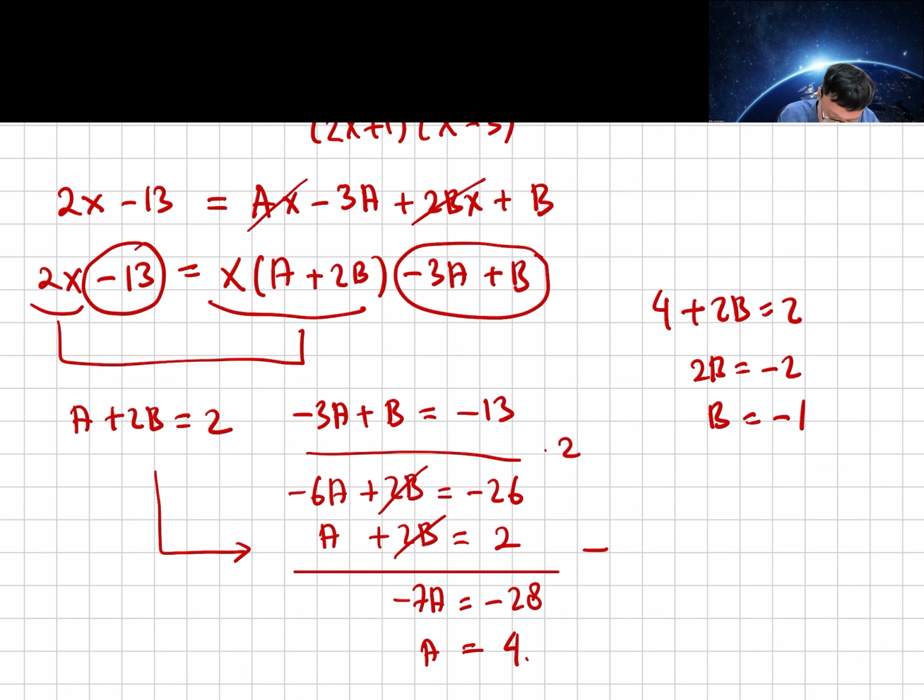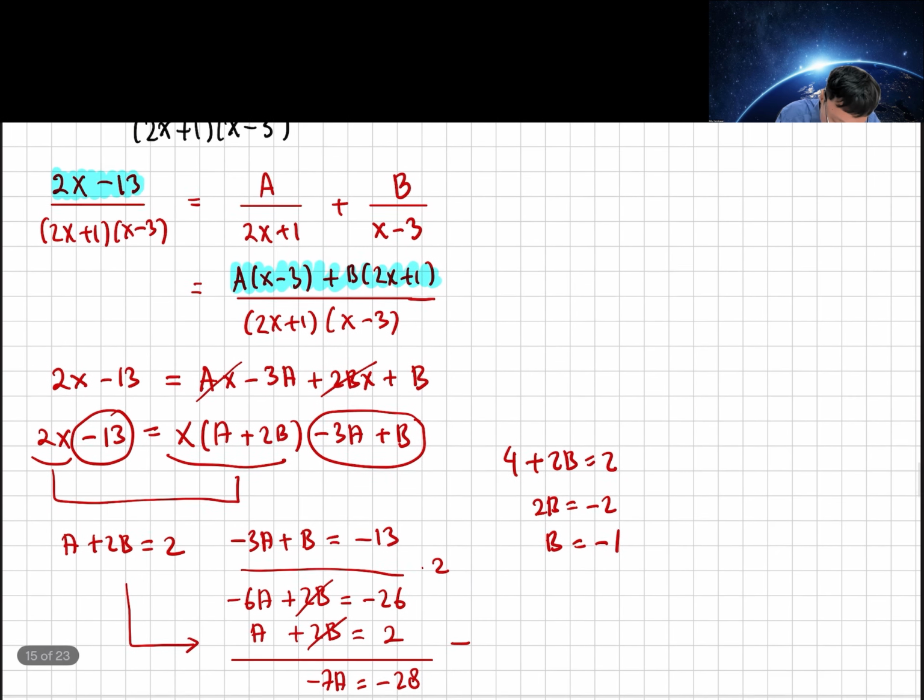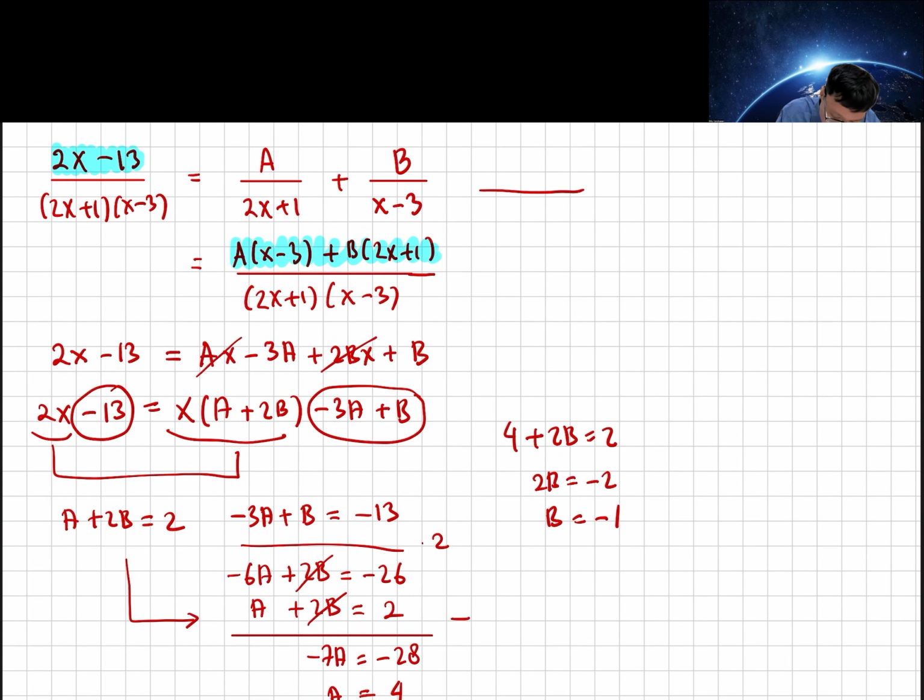Now we have A and B. So the final result is 4 over (2x plus 1) and minus 1 over (x minus 3). This is the final answer. We successfully decomposed the fraction.